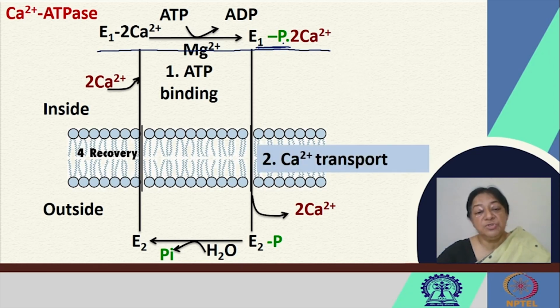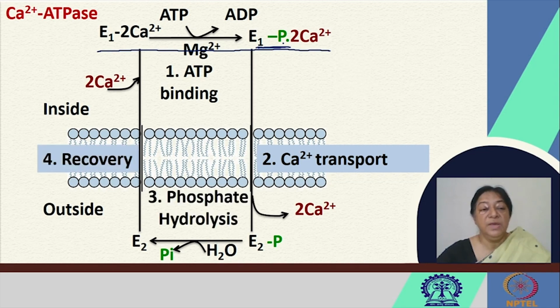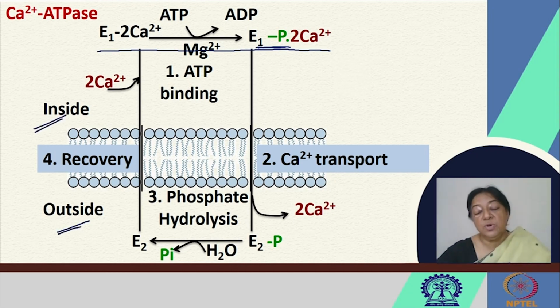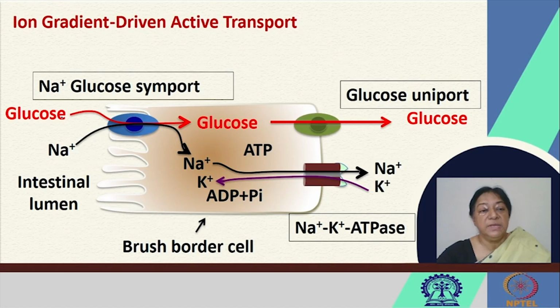There is calcium transport, then there is phosphate hydrolysis, followed by the recovery. So in a sense, what is happening is we have the transport of the calcium from the inside to the outside of the cell. So the transport occurs again on ATP binding.